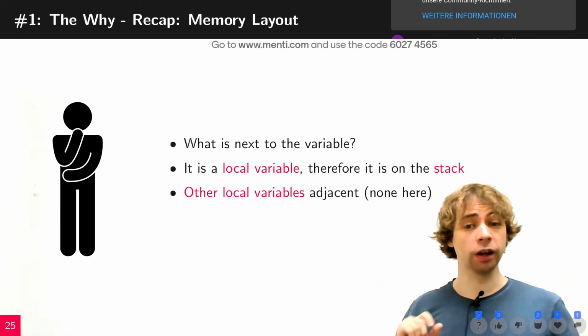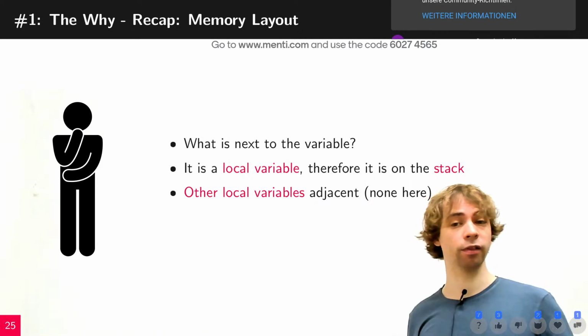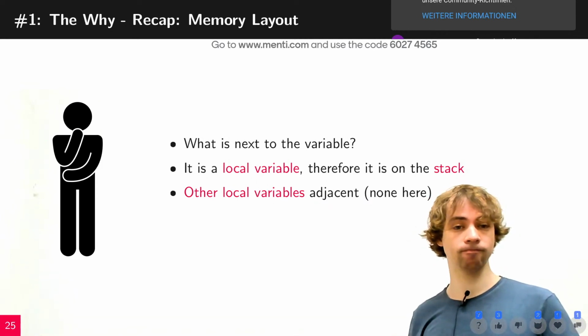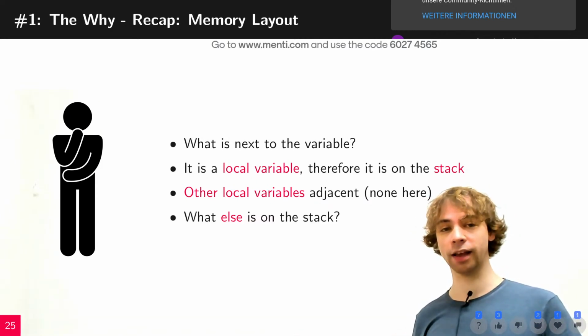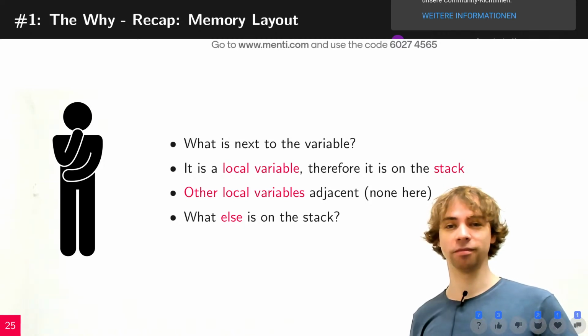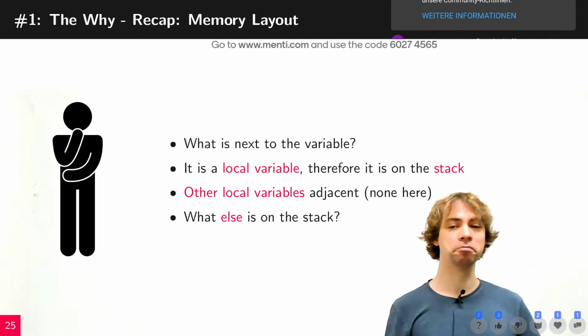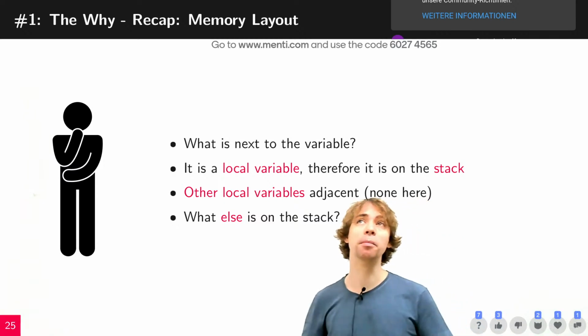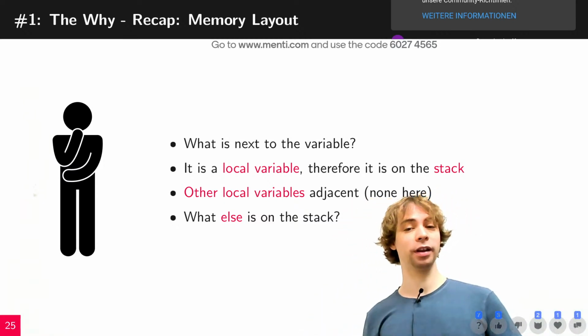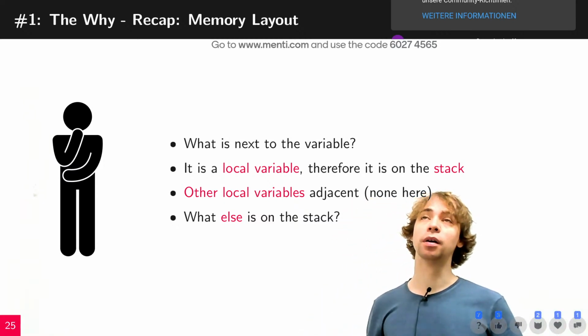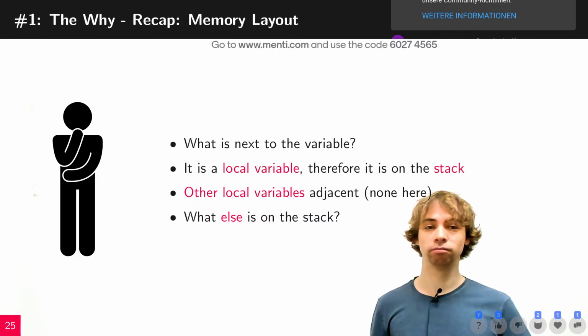In this example we didn't have any other local variables, so what else could be on the stack? And you might know that from other lectures, or from operating systems, or maybe even other lectures that also discuss that.